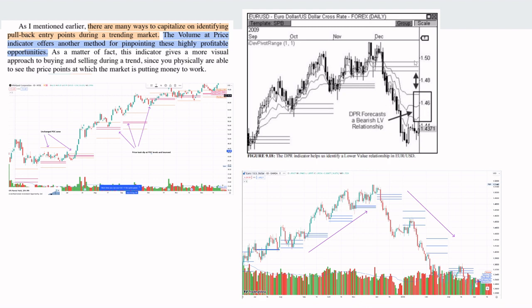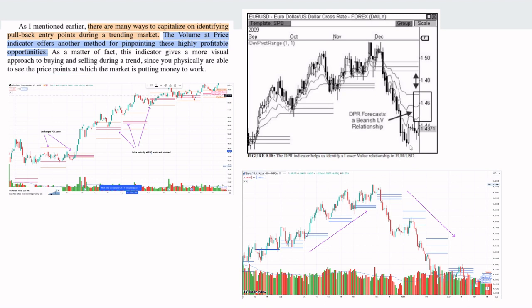If you see in the euro dollar scenario, the market was in an uptrend, and whenever it came towards the CPR, it was taking support and making new highs. Clear? And then what happened in the month of December? In the euro dollar forex chart, the price crashed from nearly 1.5 zone to 1.43 zone.